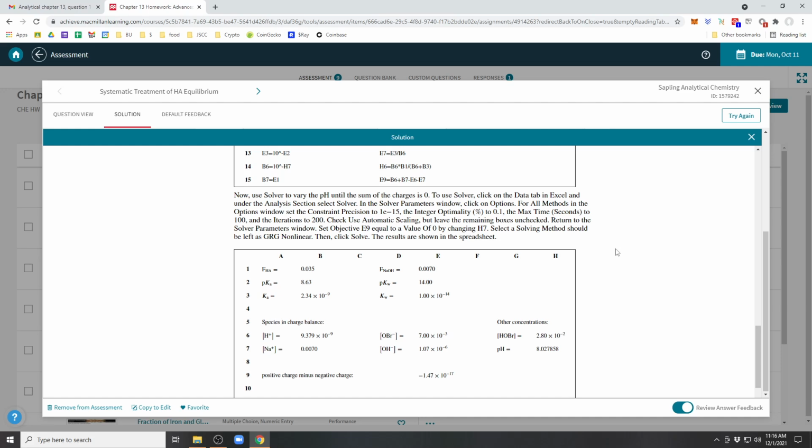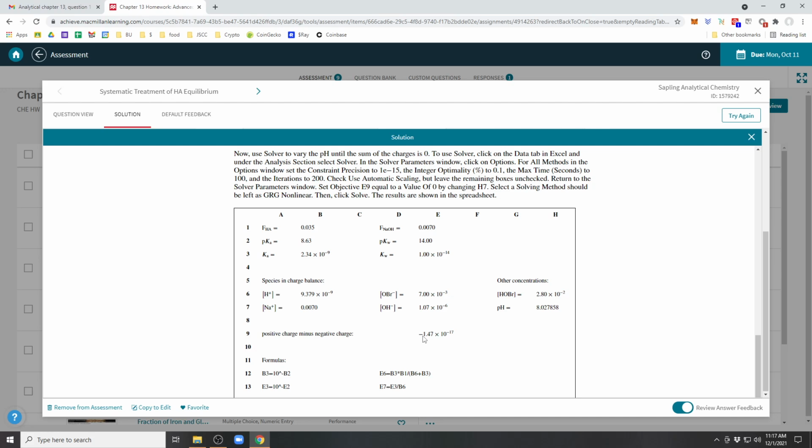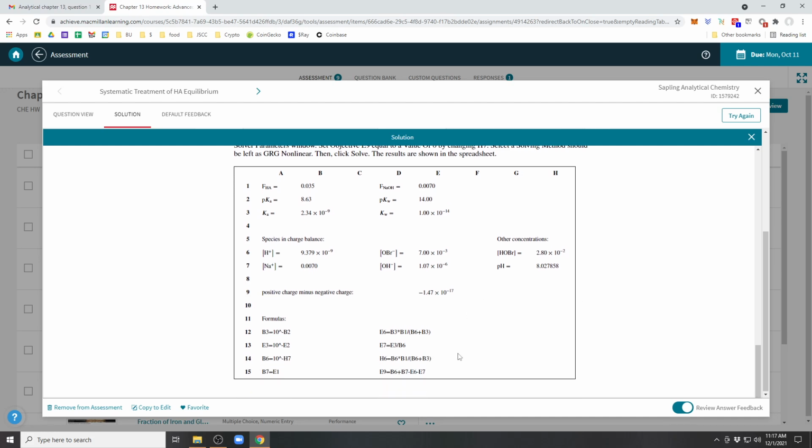There's not really much more to say about that. You may need to let it do a fair amount of cycles to let it solve. So the spreadsheet would then solve. You'd get a number approximately 0, and that would give you your values for each of these concentrations.